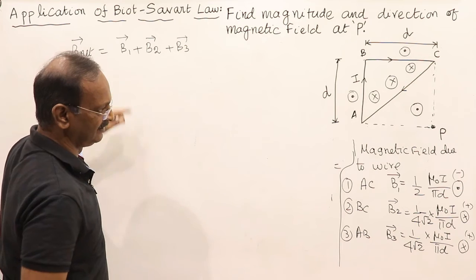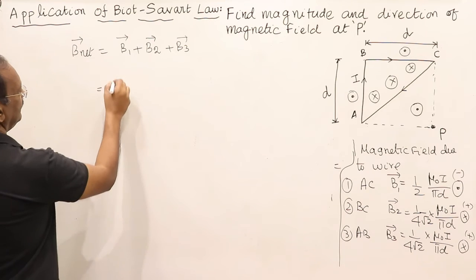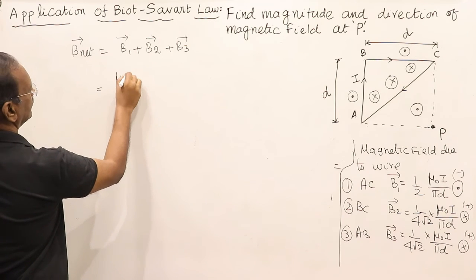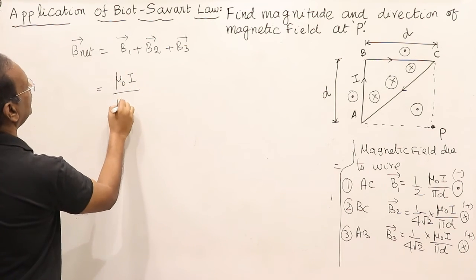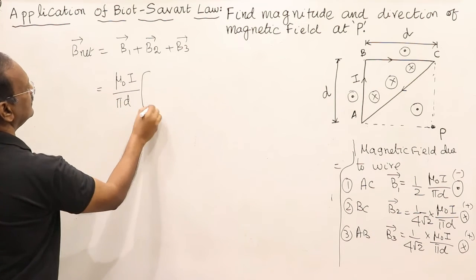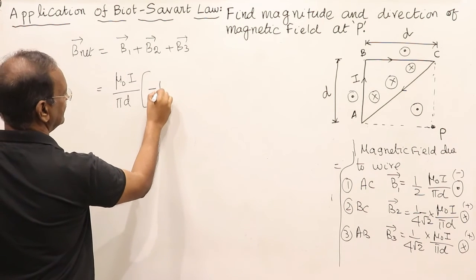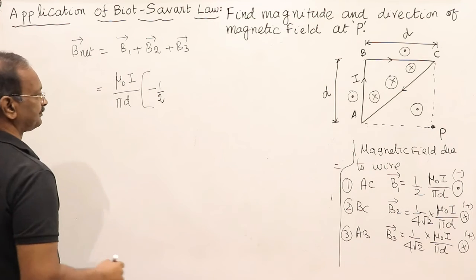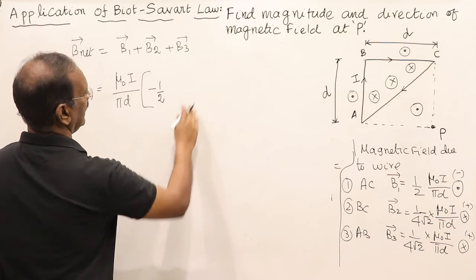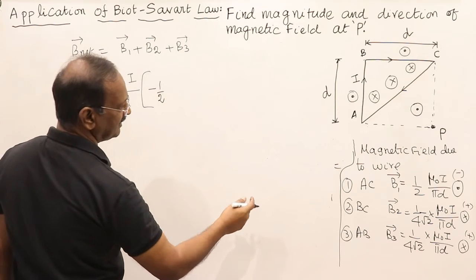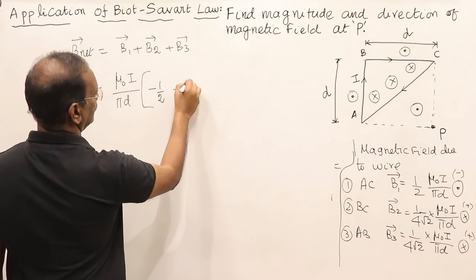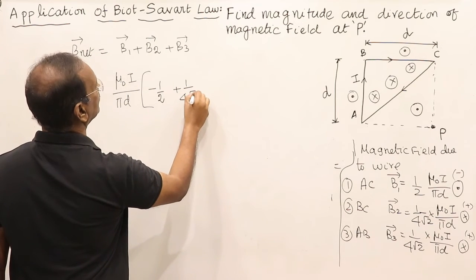B1 is equal to mu naught I by pi d, which we take out, and this one is outward, so we will take it as minus half. And the second is B2, mu naught by pi plus 1 by 4 root 2.